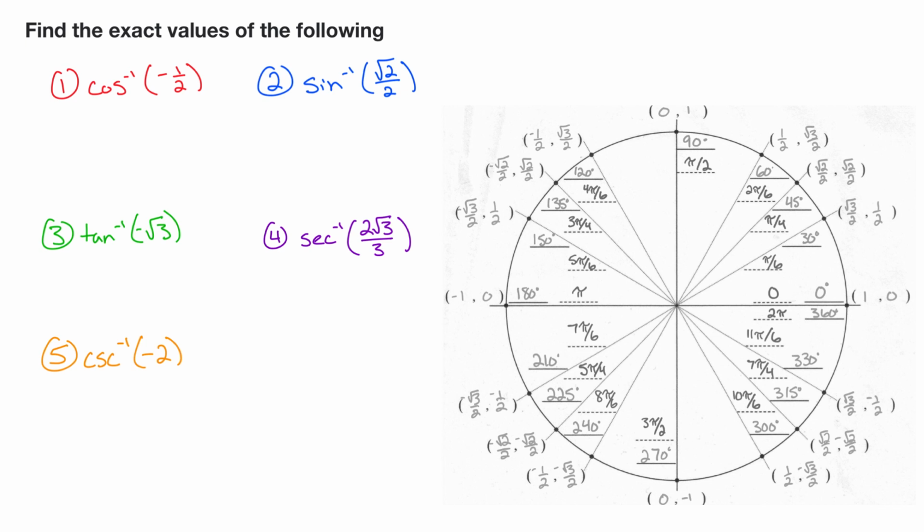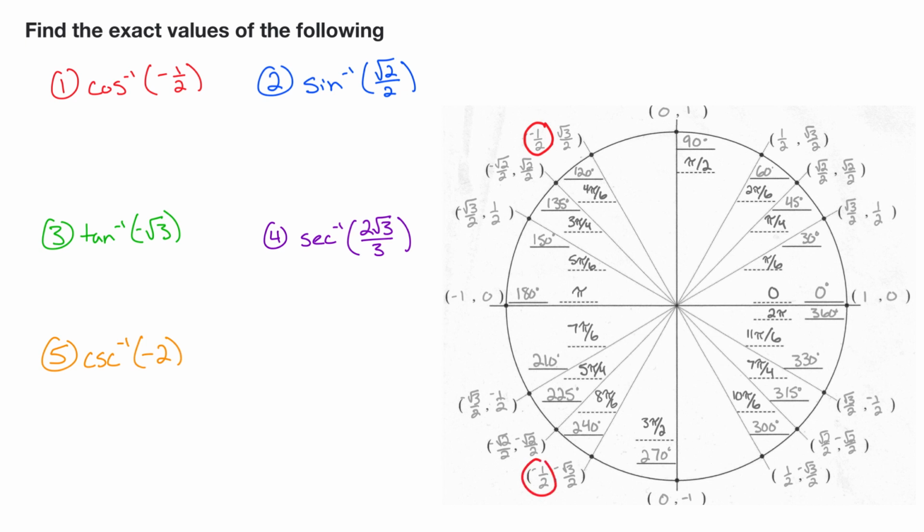Problem number 1, it is asking, what is the cosine inverse of negative 1/2? That question is asking, when is cosine, the x value on the coordinates, going to be negative 1/2? Well, cosine is negative 1/2 at two locations. It is equal to negative 1/2 right here, and it is equal to negative 1/2 right here.